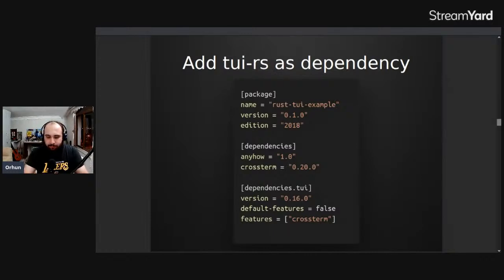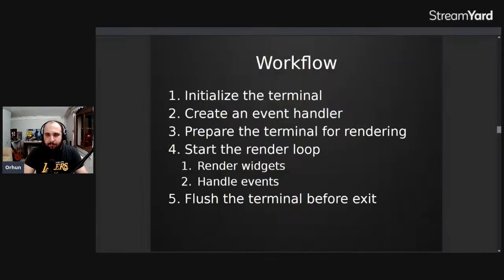So we will do that, and we are basically ready to go. Our workflow is basically this, but I'll explain it in detail in a second. If you have developed your own TUI apps before, maybe you have a different workflow. This is just what I find the most convenient, but you can have different workflows.